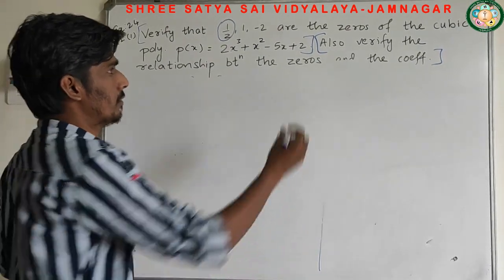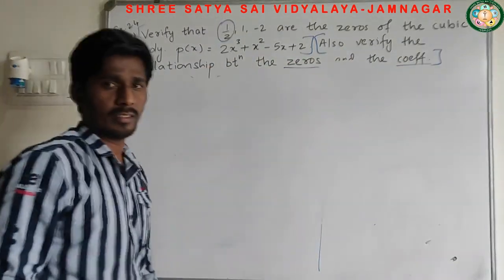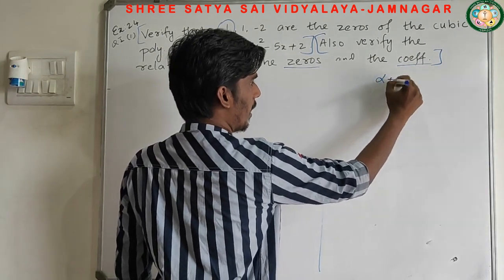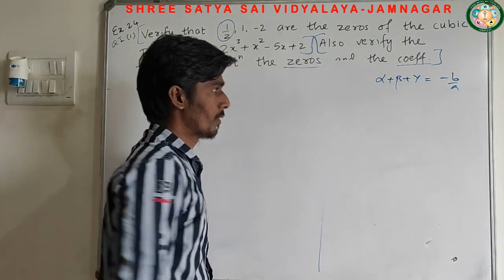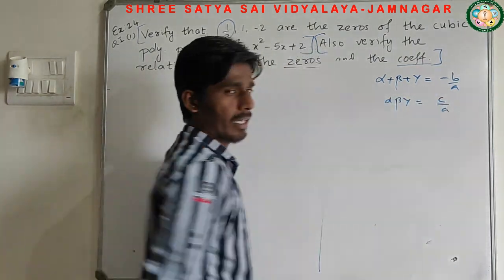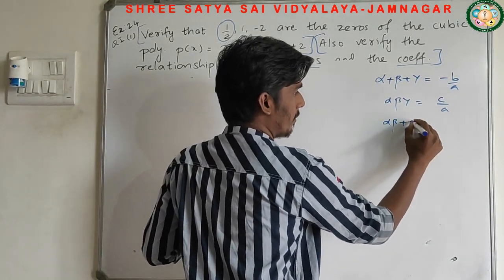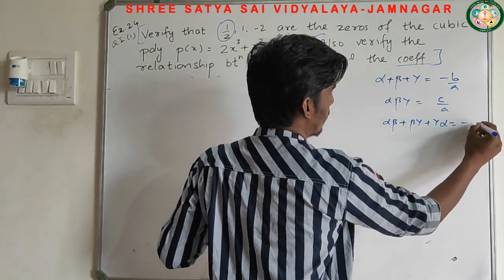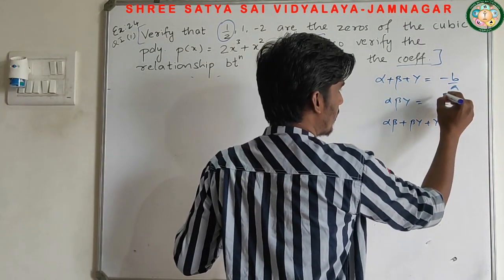Before starting to verify the relationship between zeros and coefficients, let's write down the formulas. Sum of zeros, alpha plus beta plus gamma, is minus b by a. Product of zeros, alpha beta gamma, is what? Minus d by a. And one more, alpha beta plus beta gamma plus gamma alpha is what?